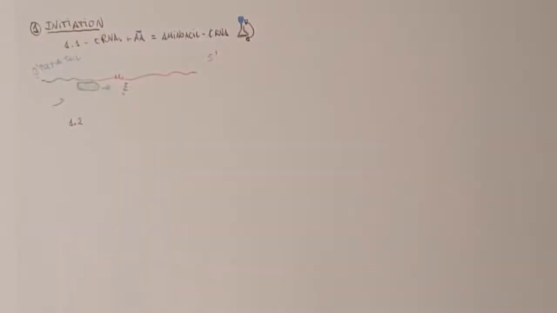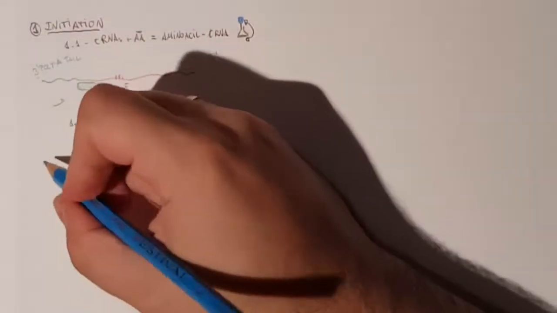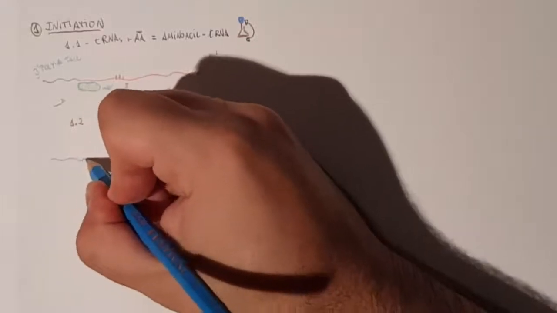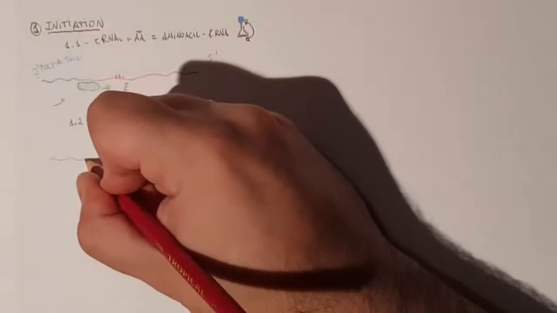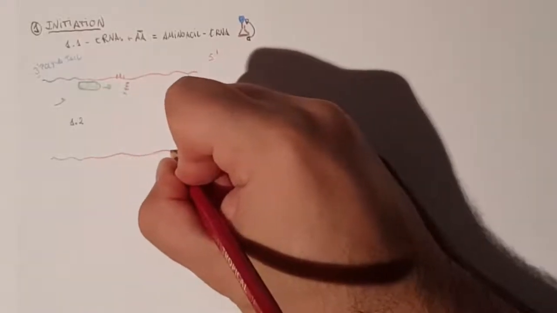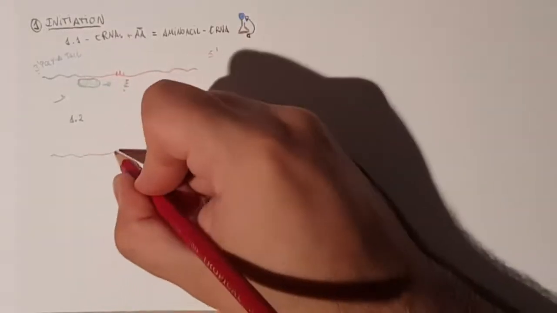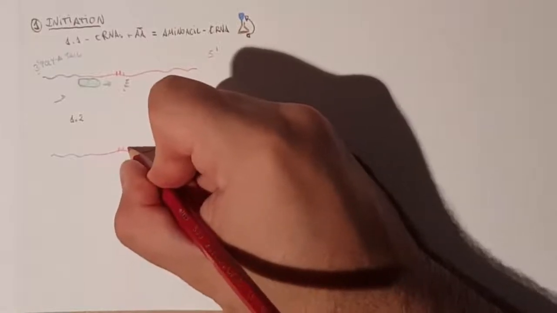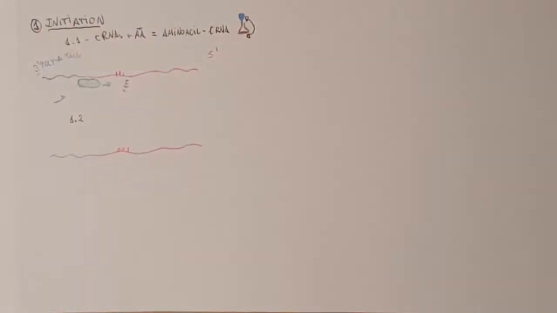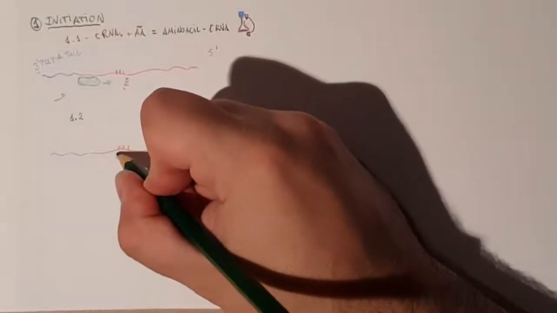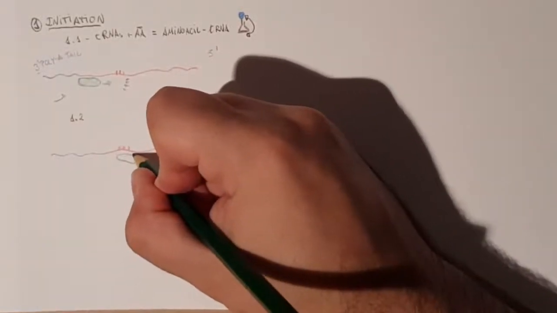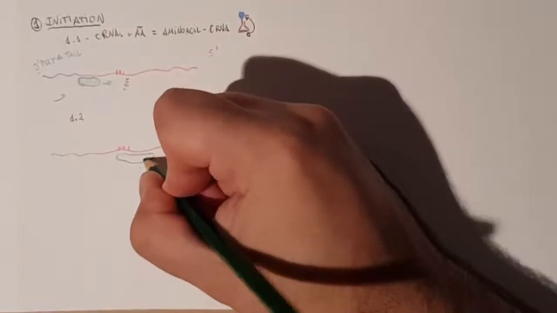Then it comes 1.2. In 1.2 we have this here, the poly A tail, and we have our mRNA molecule with the start codon. Then we have the small subunit like this.